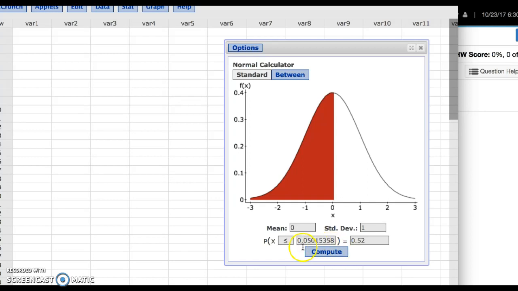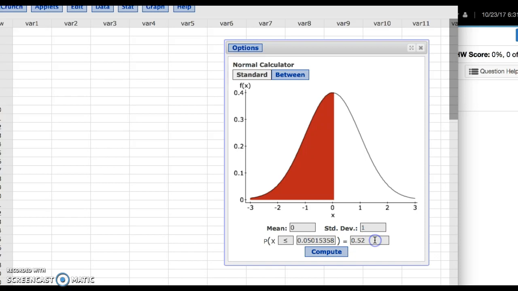Notice what StatCrunch did. StatCrunch filled in this value and left the area value that we filled in. So what it's telling us is the appropriate z-score so that the area to the left is 0.52 is going to be a z-score of 0.05 approximately. A lot of times we'll round that z-score to 2 places.